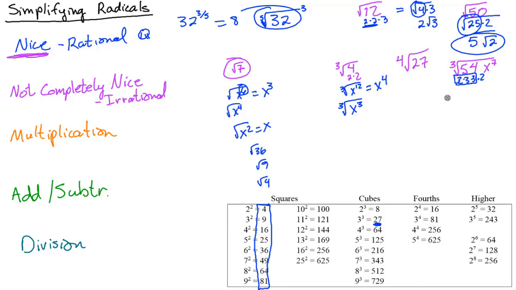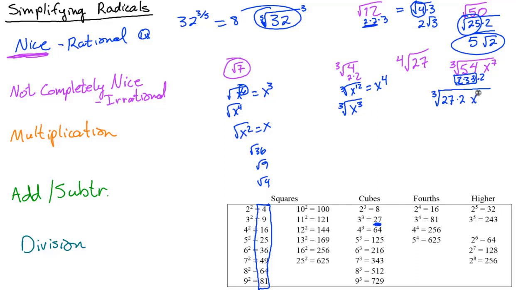Now, this guy, I'm going to do it in really slow motion here. We break it up into 27, which is a perfect cube, times 2. So that guy is going to escape this irrational world. Now, x to the 7th, is that a perfect cube? It isn't. But we do know that in order to take a perfect cube of a variable, we need a perfect multiple of 3.